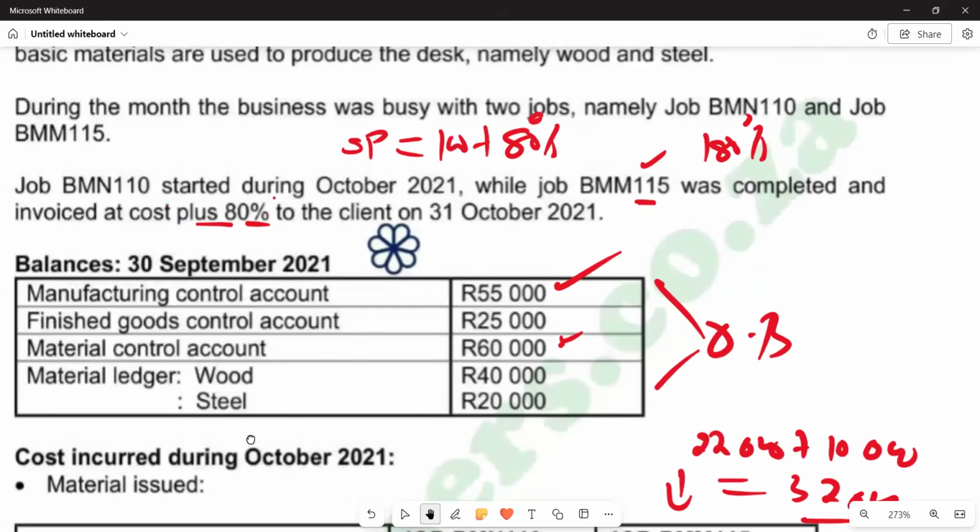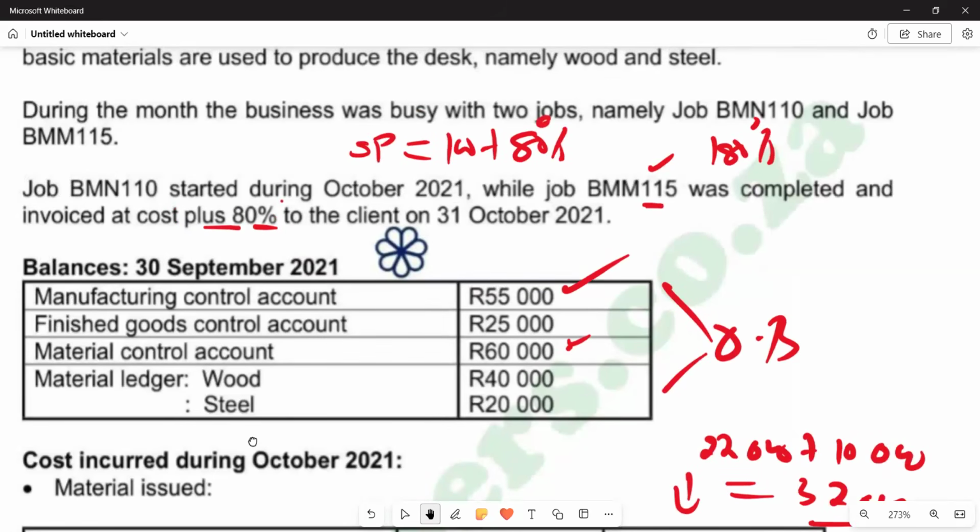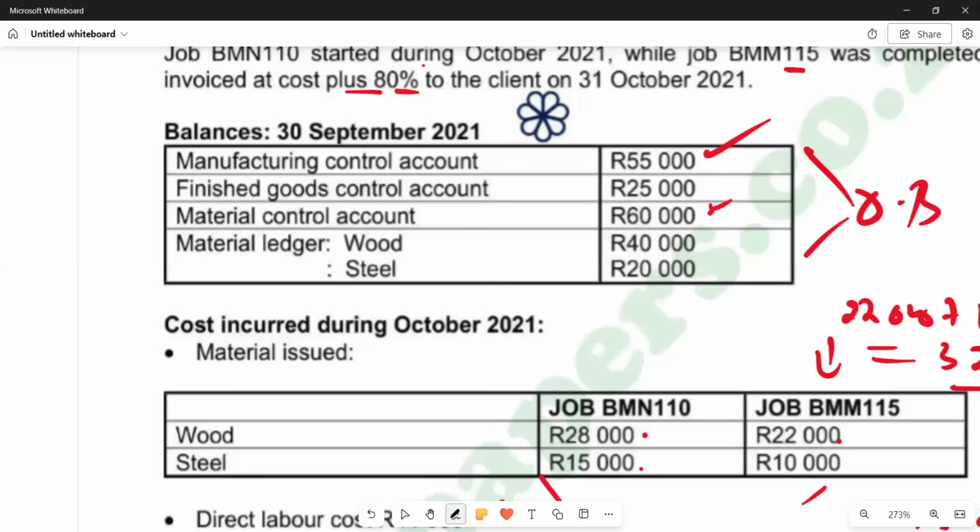Right, so for the production control, let's try to see which figure we should take there as our opening balance. You'd see that at the beginning of the period, we had only job BMM 115, since it was the only job that was completed.